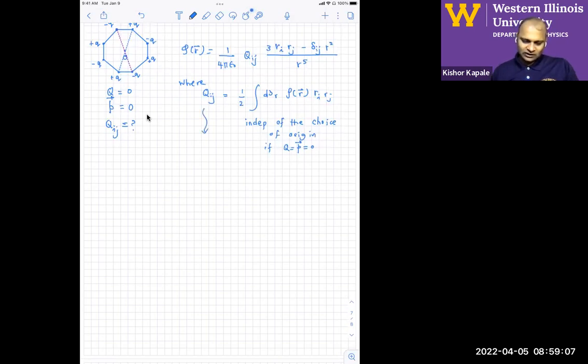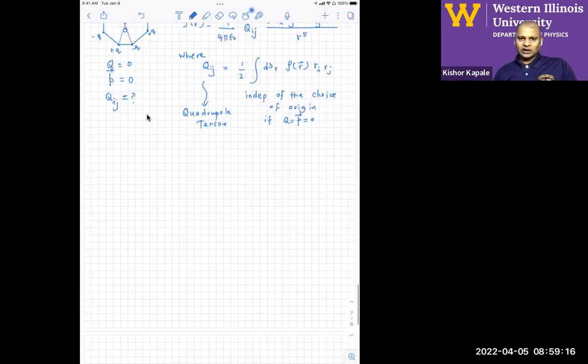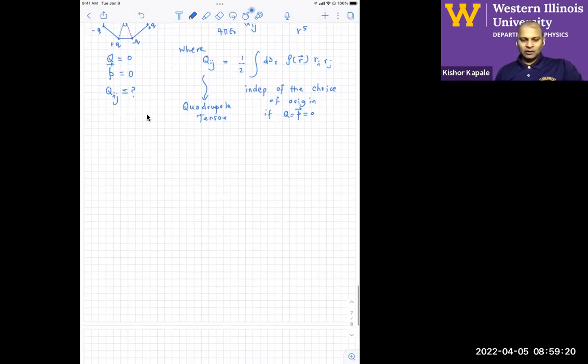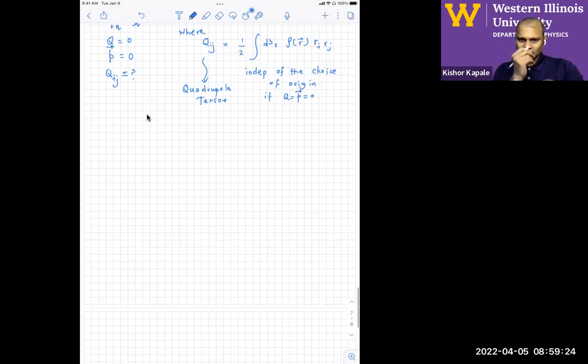It's a tensor because it has two indices. It's going to be independent of the choice of coordinate system if capital Q, which is the total charge, and the dipole moment are both 0. Everybody with me so far? Does that make sense?